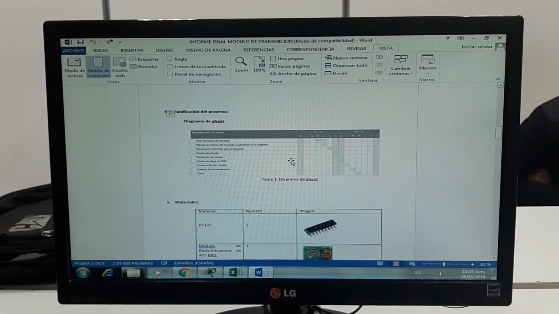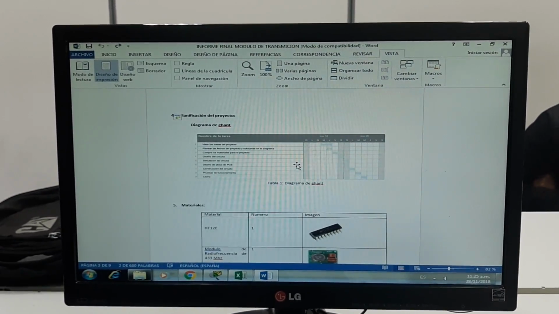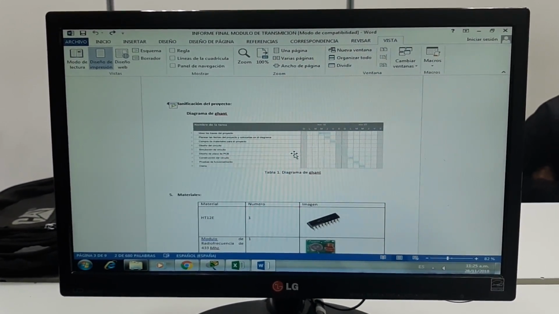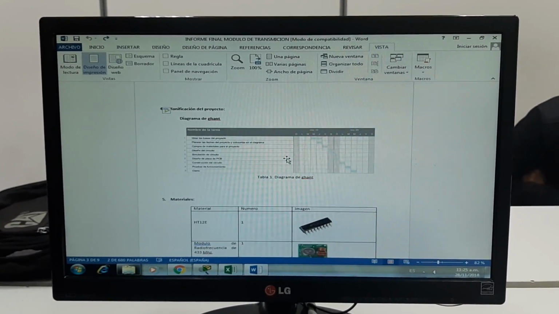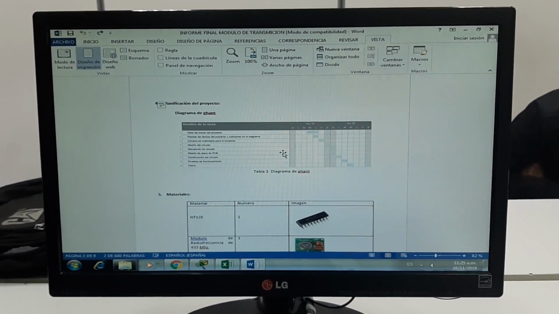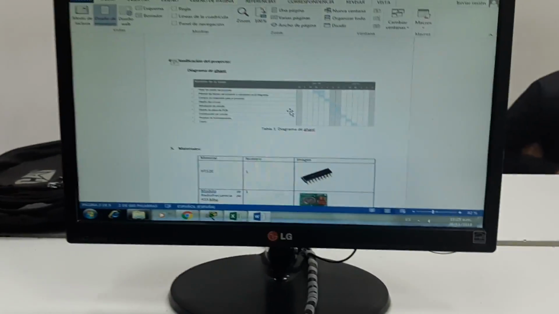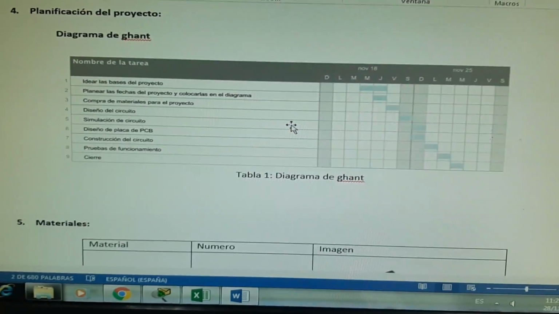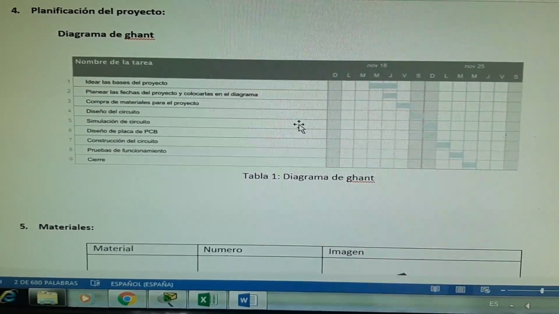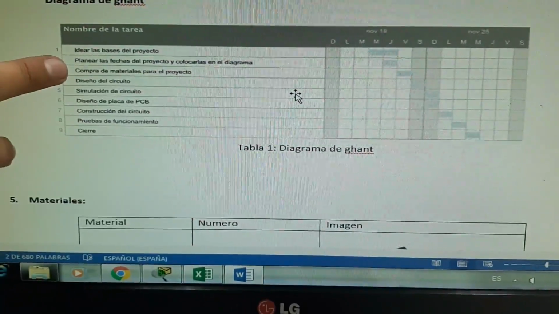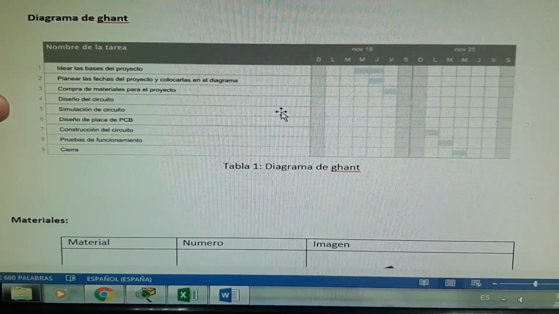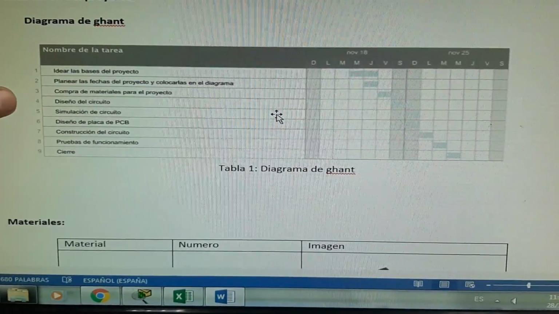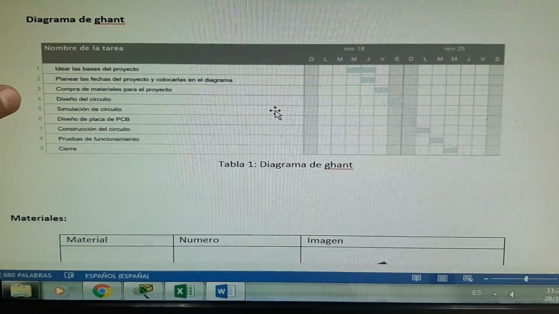That is how we take the times, how we deliver the times to create this project. Here we can see that Gantt diagram where we can see how we distribute the time in the weeks.